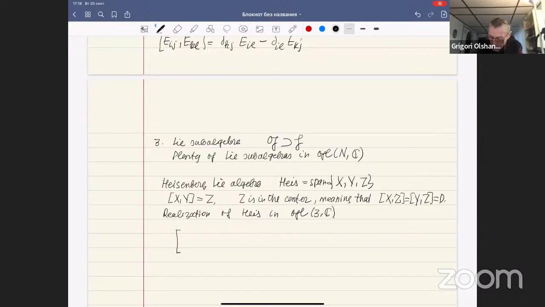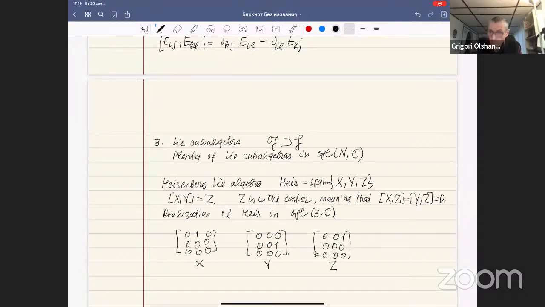Namely, you have matrices of the following form. This is X. This is Y. This is Z. So this is the Lie algebra of strictly upper triangular matrices of order 3.